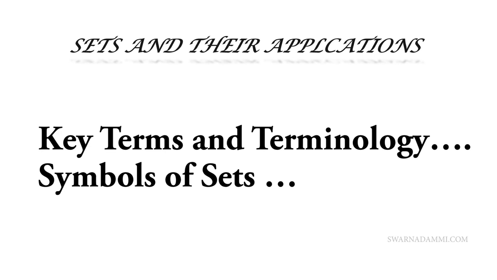As the key terms, I am going to explain you about set notation, membership in a set, and different types of sets, and operation on sets, and interpret Venn diagrams.